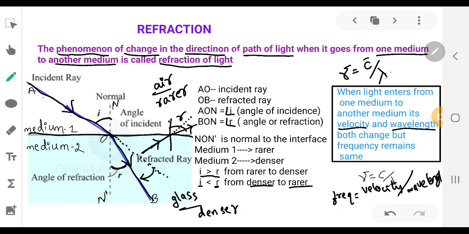So c, the velocity of light, changes, and wavelength changes. As both change, their ratio remains the same. That is, frequency remains the same when the light travels from one medium to another medium.